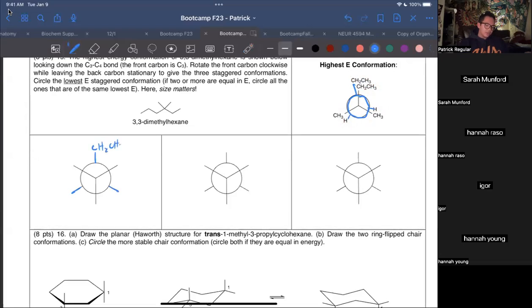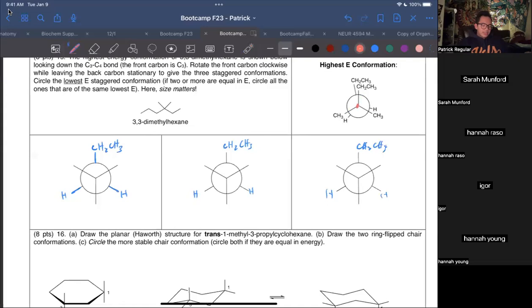CH2, CH3, H, H, CH2, CH3, H, H, CH2, CH3, H. Now, all we have to do for this front carbon, for each of the different conformations in those bottom three, is rotate that front carbon, this one right here.